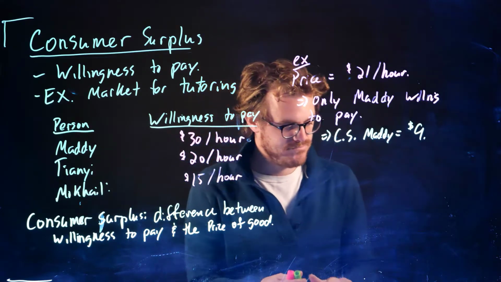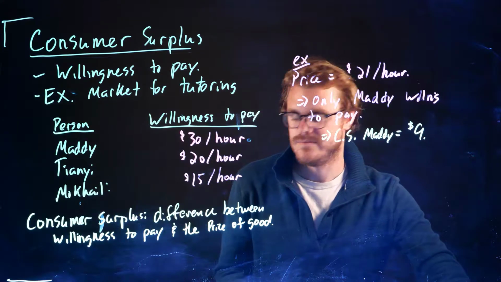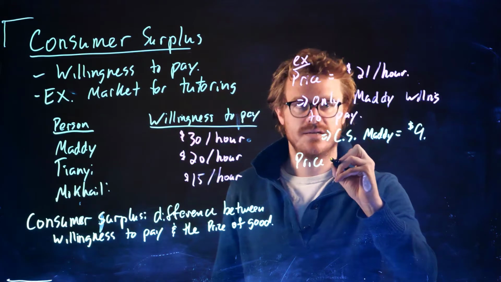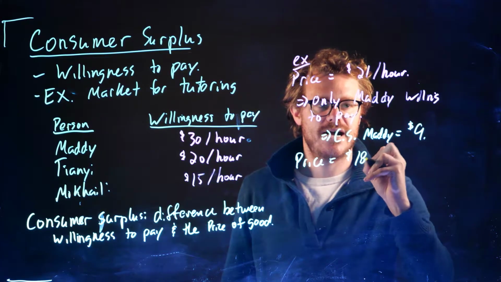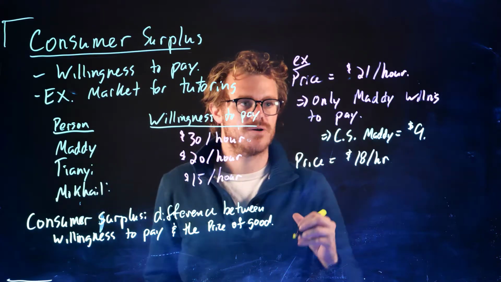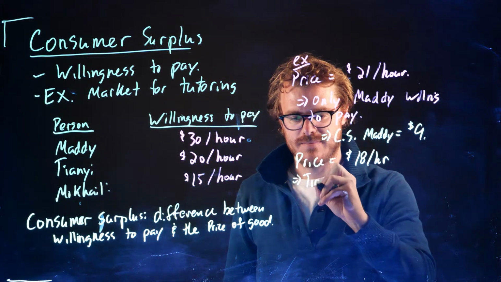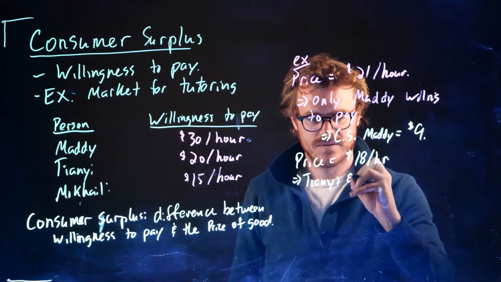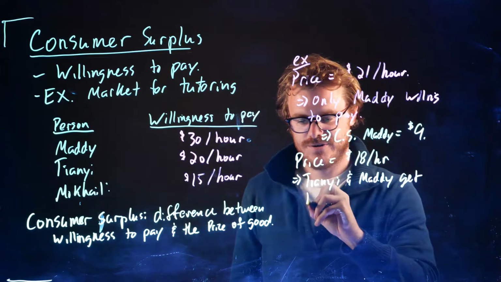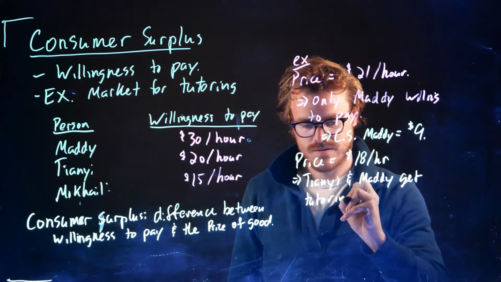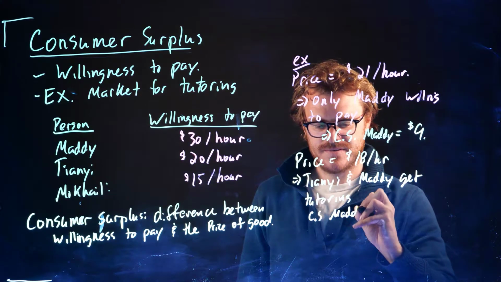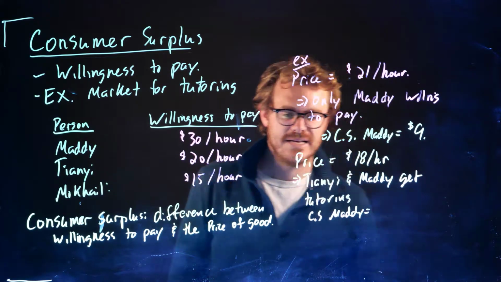Now let's say another example would be the price is lower. Let's say the price equals $18 an hour. Well, at that, both Tianyi and Maddie are willing to buy tutoring, and the consumer surplus for Maddie has now gone up.